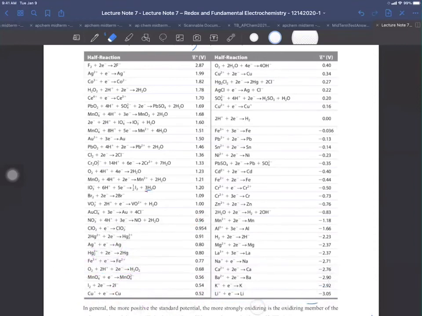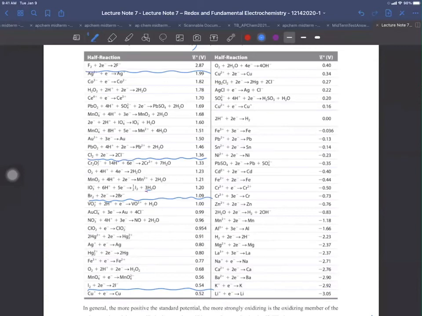Let's try to find the halogens and also the water. Cl2 is here, 1.36 volts. Br2 is here, 1.09. I2 is here, 0.54. F2 is here. Down the group, the standard reduction potential is getting smaller, which means the halogen elements find it harder to gain electrons.